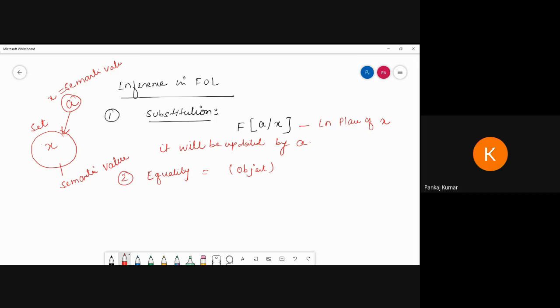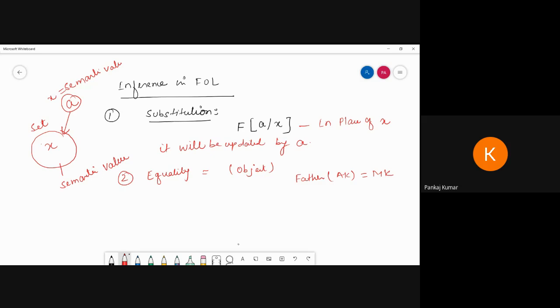Suppose I define a relation like father. I can write father of AK is equal to father of MK. That means whoever is the father of AK is also the father of MK. That is the equality relation in first order logic.